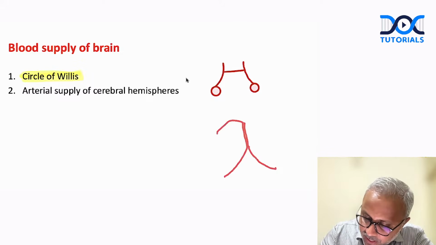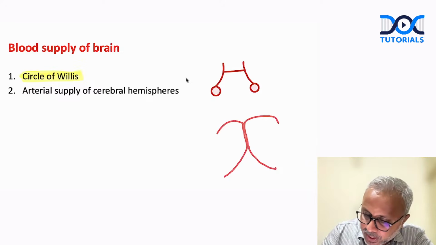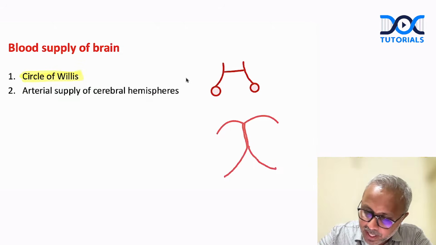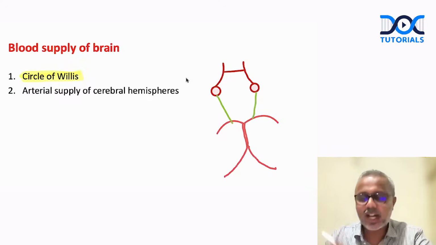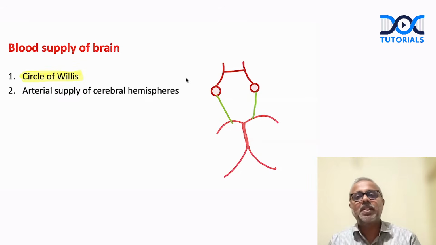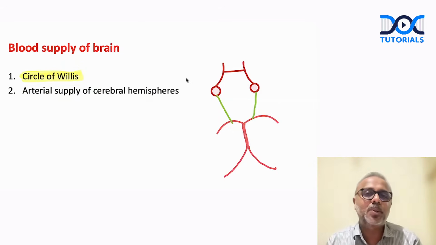The basilar artery will divide to form two posterior cerebral arteries, and these are connected by the posterior communicating artery. So this is the circle of Willis, right? In the blood supply of the brain, this is one question which will be asked. You should know how to draw the diagram and label it.